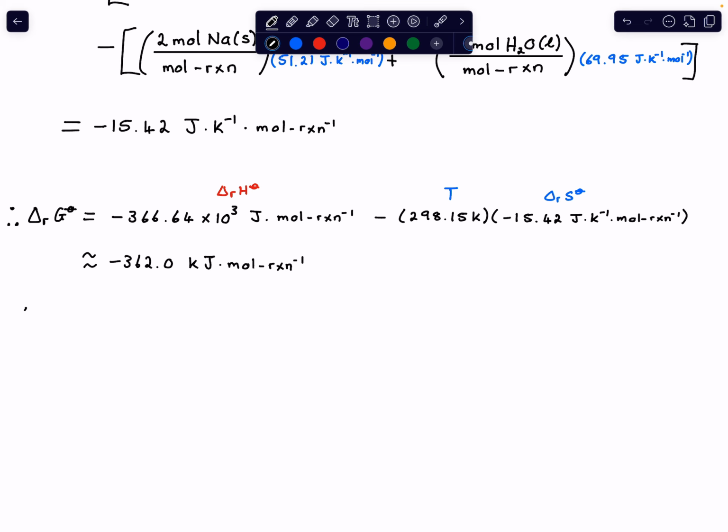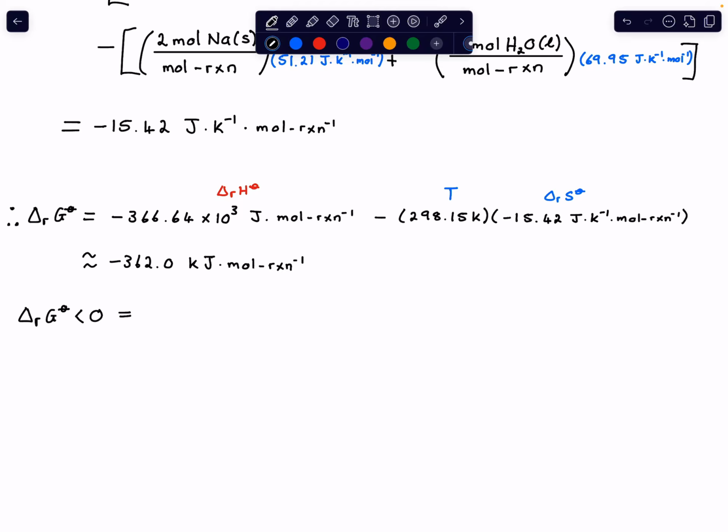And how do we determine that? Well, we need to look at the sign of delta G naught. Delta G naught tells us whether something is reactant or product favored at equilibrium, or whether it is at equilibrium. If it's 0, then something is at equilibrium. We see that delta RG naught is less than 0, it's negative.